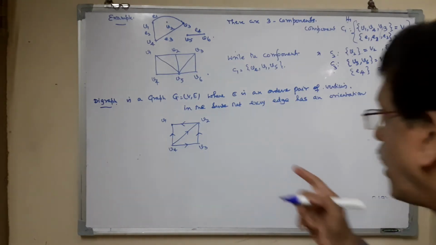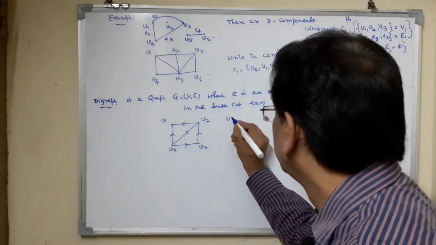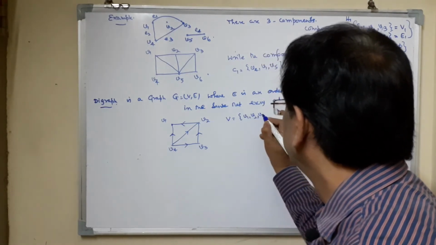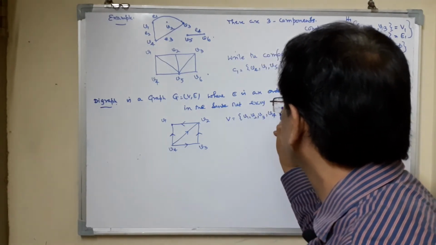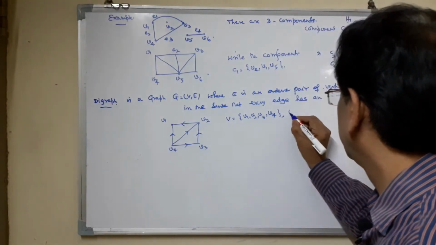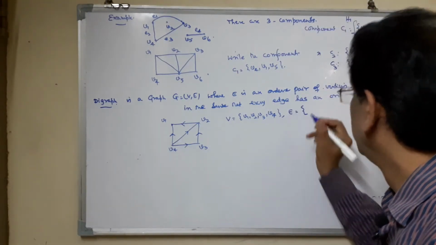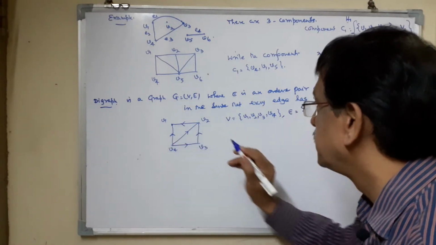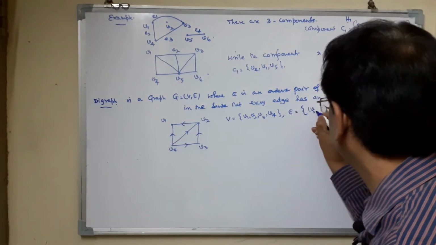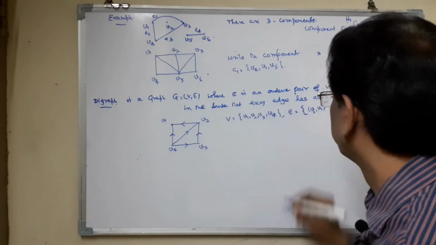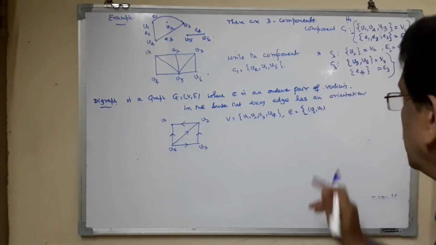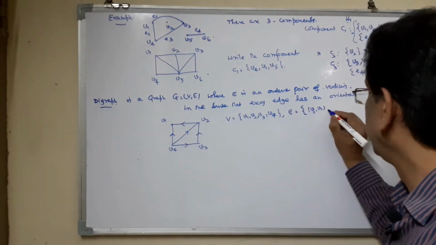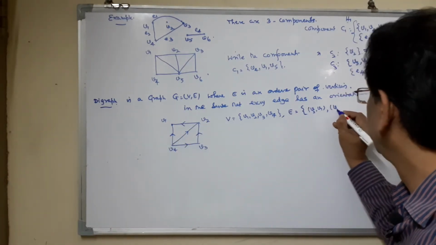Now, how do you represent this digraph? Namely, V is simply V1, V2, V3, V4. This is what you know. What about the edge set? Now, you should be careful. There is no V1, V2, so you will have V2, V1. Now, you have to be careful about writing V2, V1. Then V3, V2.